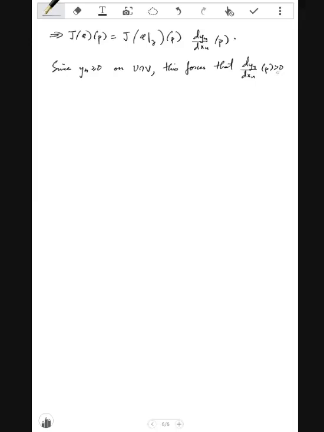Well, it is greater than or equal to 0, but we know that the Jacobian doesn't vanish, so it is positive.